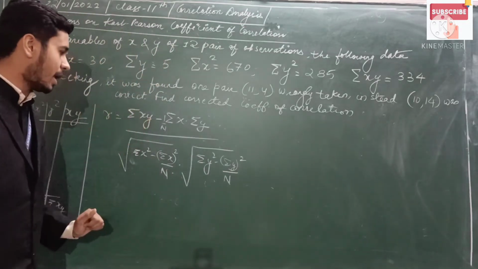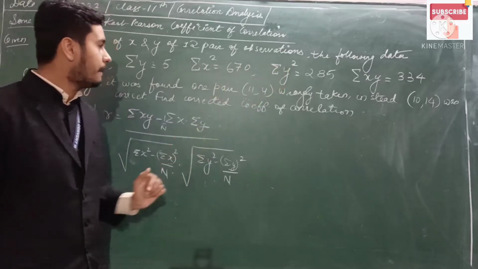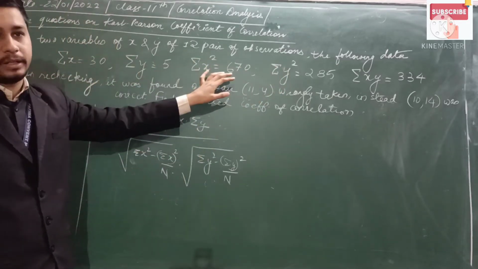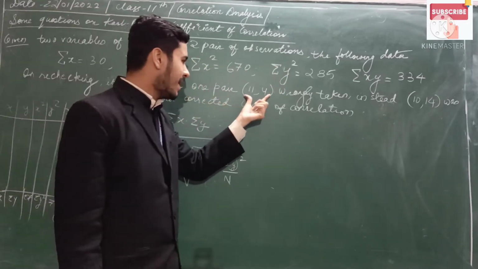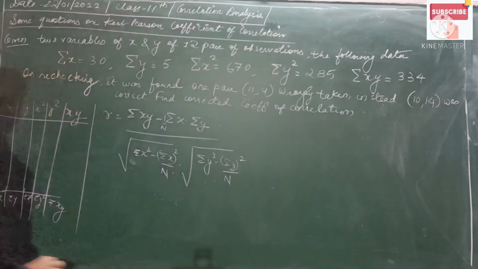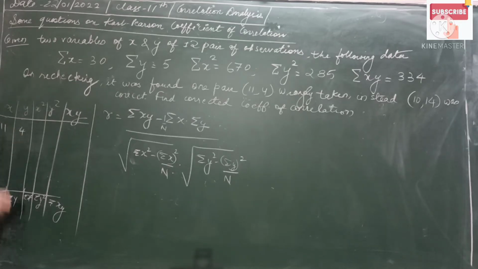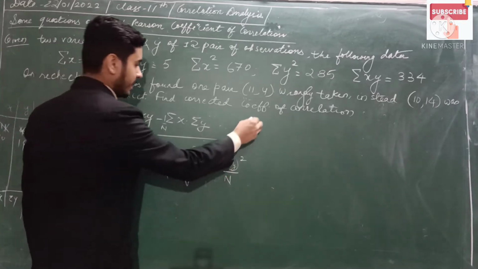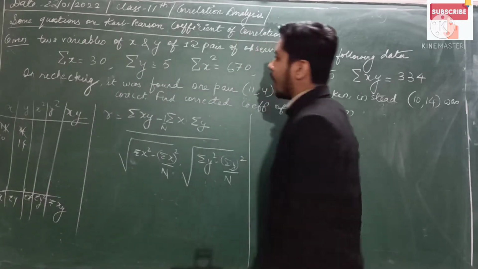Now we have everything, but this is the incorrect data. We need to correct it by replacing this pair. One of the data pairs is 11, 4. We need to remove it, and in place of that we have to write 10 and 14, and find the new correlation coefficient. So just see how we do the correction.